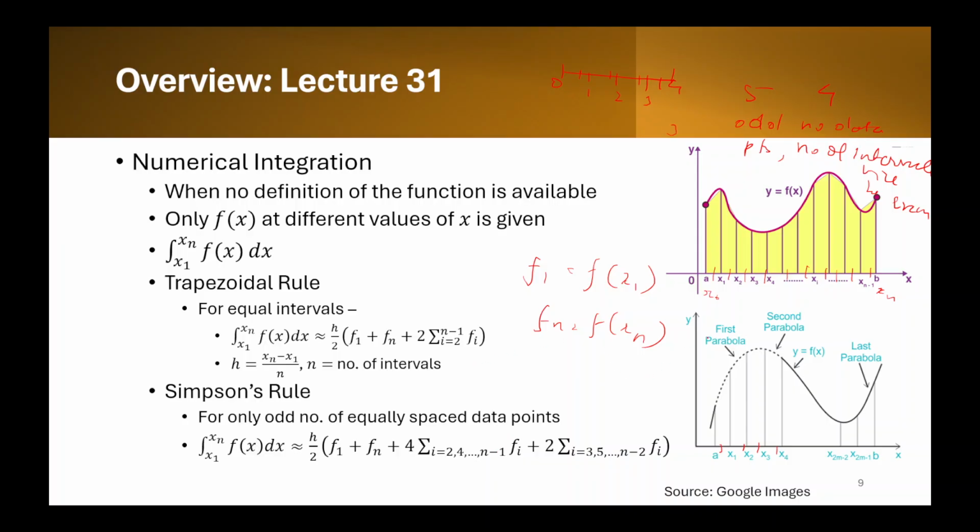And in Simpson's rule, there's a difference: it assumes each of these 3-point sections is a parabola. So this is the first section, this is the second section, and this will be the last section. It computes the area under the curve in that manner, and then sums it.